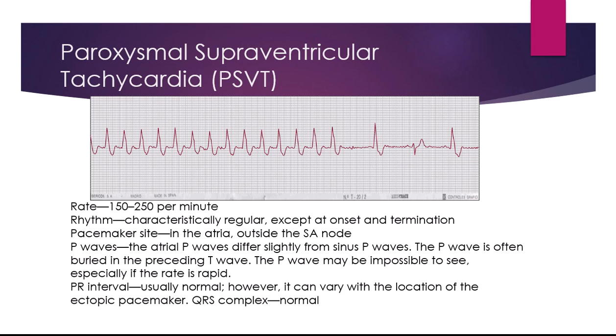Here, I don't see a P wave. Over here, that might be a P wave, or it could be more interference. The faster the rate, the less likely that you're going to be seeing a P wave. If this gets up into 170, 180, 190, you're not going to see a P wave.